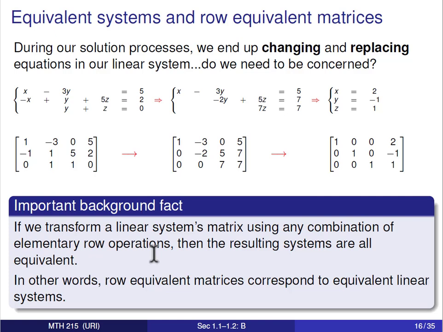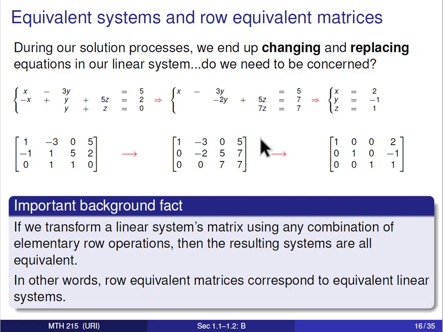Remember that list of 3 elementary operations we spelled out before: the replacement operation, the multiplying operation, and the interchange operation. Those are the steps that you are allowed to do and still be able to conclude that the system you end up with has exactly the same solution set as the original system.